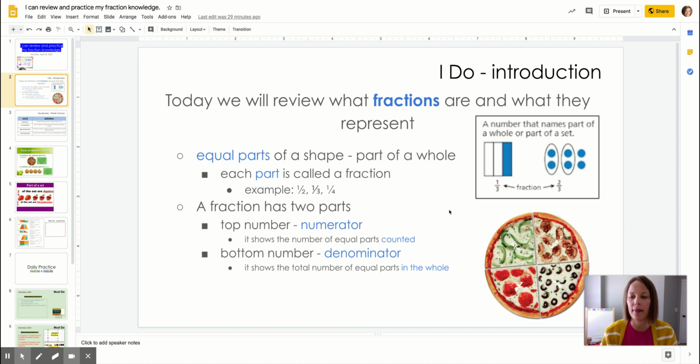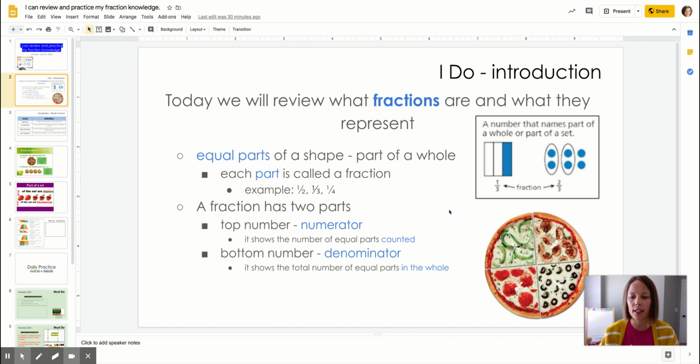I can see that this pizza is divided into 4 sections. So it's one whole pizza, and I have 4 different sections, or you could also say 4 different slices or 4 different fractions represented here. On one section, I can see that there is a topping of mushrooms.